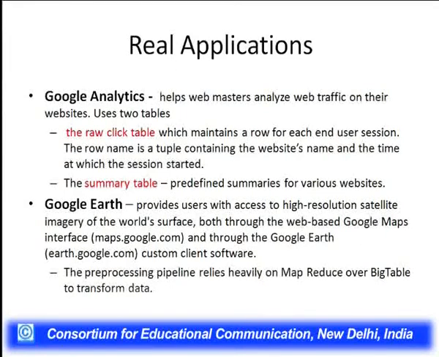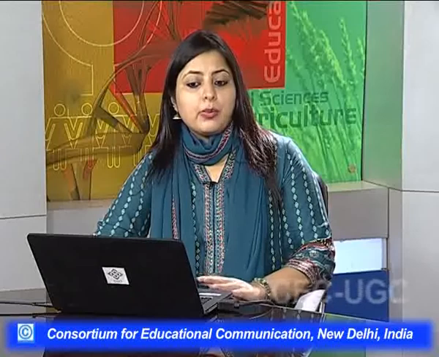The first table is for storing the raw clicks which a user performs, and it maintains a row for each user session. Whenever a user clicks something, that is stored in the raw click table. Apart from this, there is also a predefined table which is used for maintaining the summaries of the various websites and web pages. This is how BigTable is used in Google Analytics.